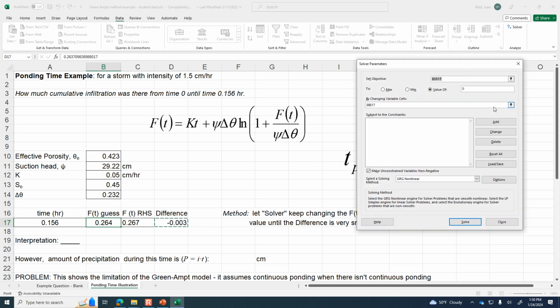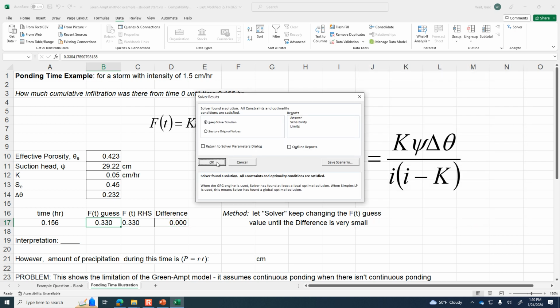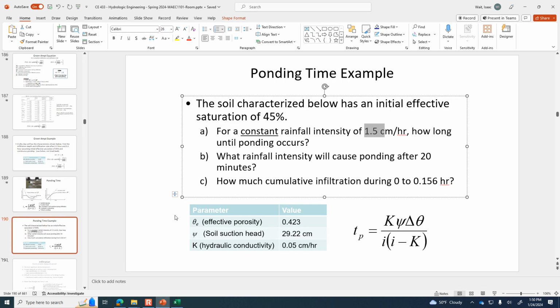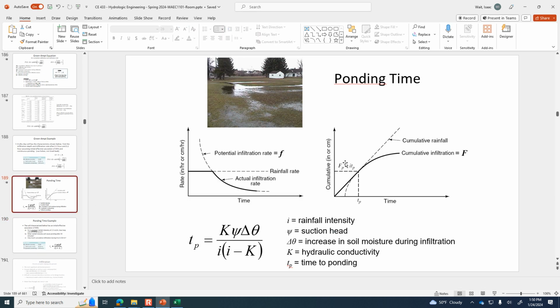So we run this again, 0.33 centimeters. So think about this curve where we said a certain infiltration depth and a certain time that coincide with the rainfall curve and the infiltration curve together.